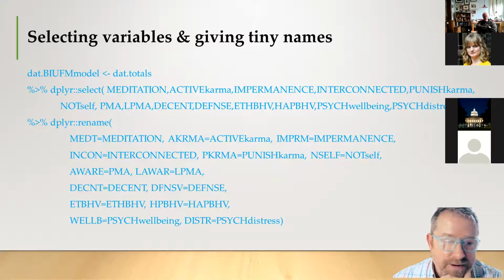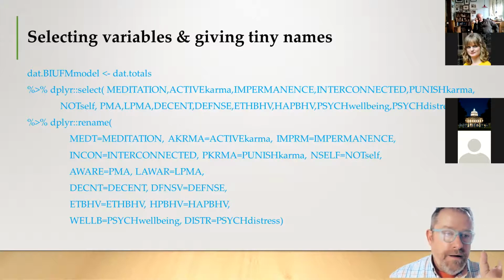So this would be the equivalent of USEVARIABLES in Mplus. And I actually renamed them. They had longer names for when I was running other analyses, but in the network, looking at the graphics, having more than 4 or 5 character names made the words so teeny tiny, it was super hard to see. So I just used this rename function to give them each really short names.